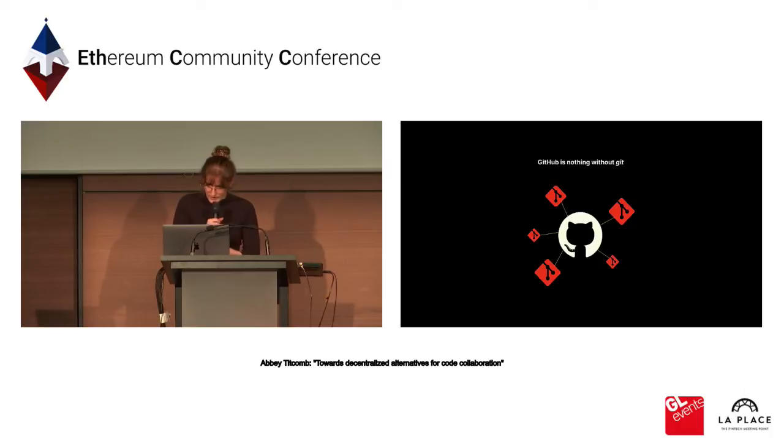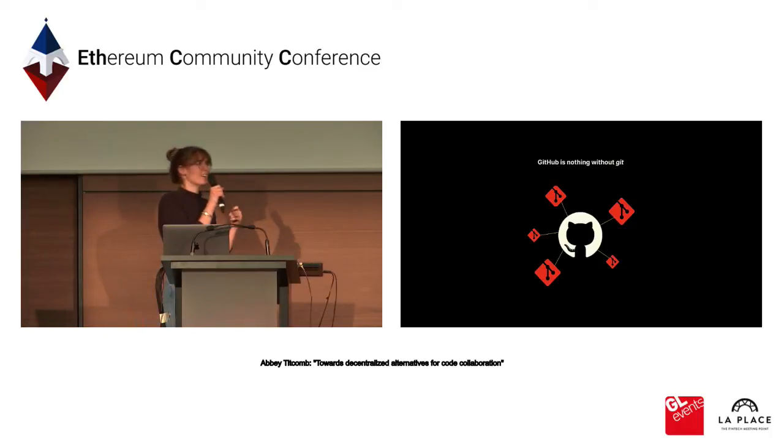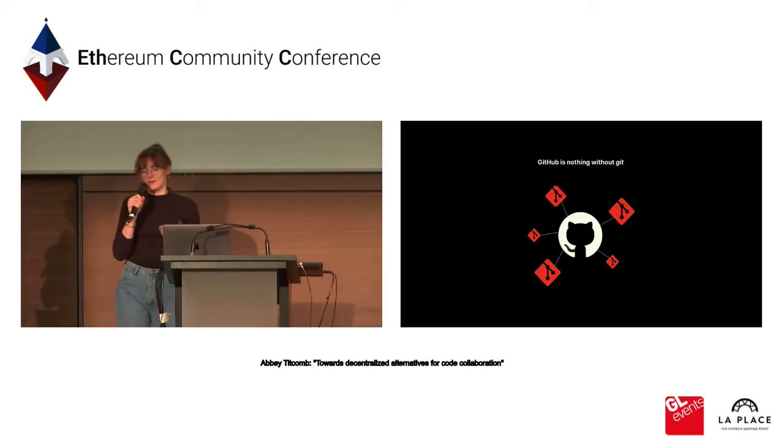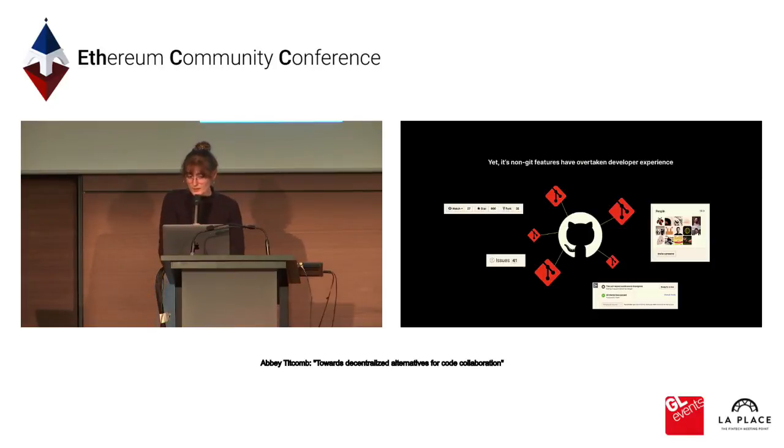So, as a quick reminder, and I think a lot of people forget this, GitHub is really nothing without Git, right? GitHub is essentially introducing all of these new collaboration things, but it's also making it easier for us to write code and usually manage those changes through Git. But its non-Git features have really overtaken the developer experience.